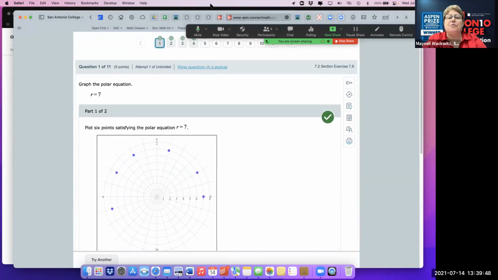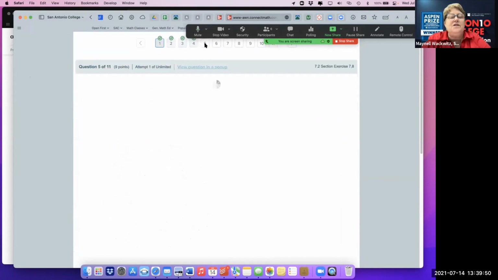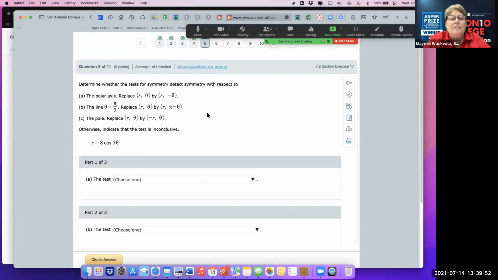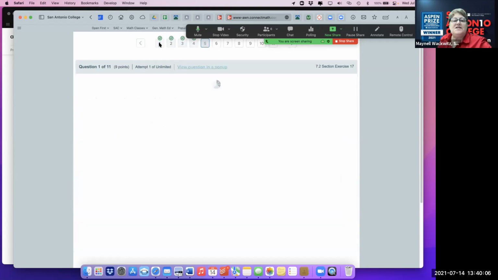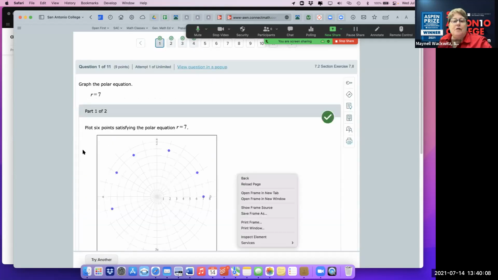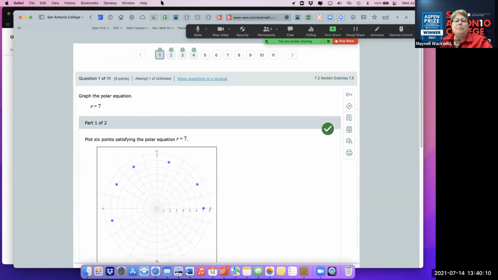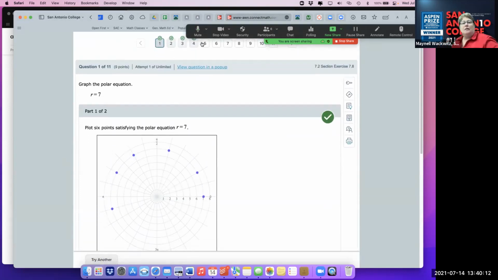So let's look at the rules of symmetry, which they give us in question 5. If we replace theta with negative theta, what was the equation of that circle in the first one? Let's see, r equals 7. So let's go back.